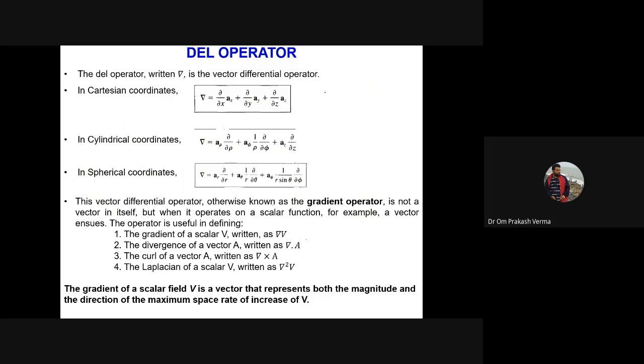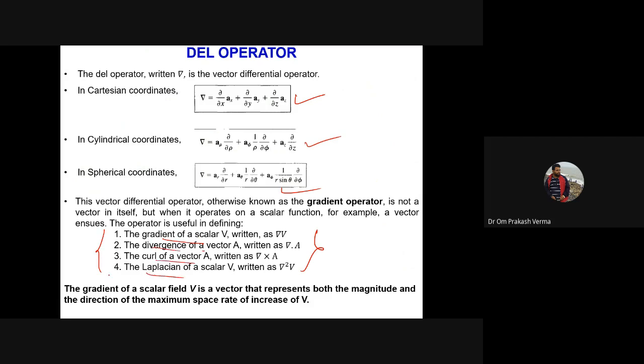So this is the Cartesian coordinate system where the del operator is defined. The del operator is also defined in the cylindrical coordinate system, and the same del operator is defined in the spherical coordinate system. We will try to understand these three or four values: what is the gradient of a scalar, what is the divergence of a vector, what is the curl of a vector, what is the Laplacian.